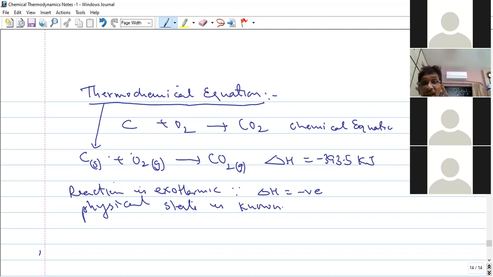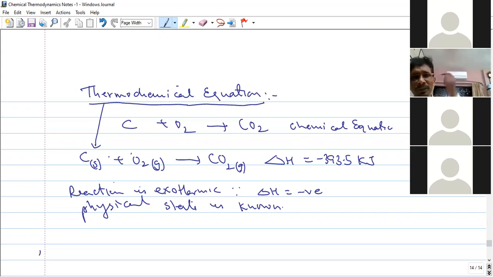When you write heat given out or heat absorbed, don't mention the sign. Whenever you say heat absorbed or evolved, don't indicate the sign. Just say heat evolved 393.5. If you say heat evolved minus 393.5, evolved is negative and minus 393.5 is also negative.